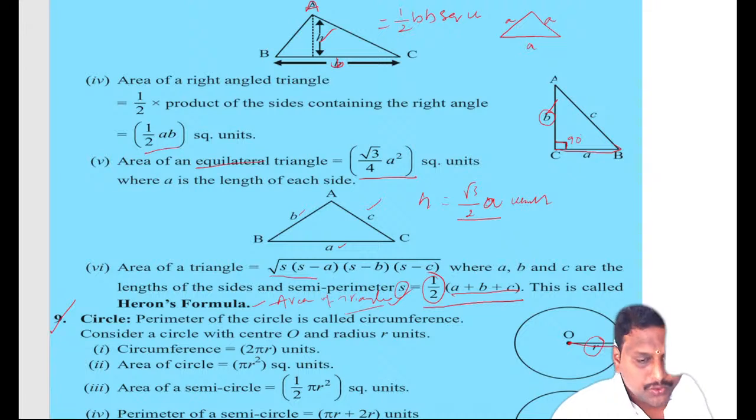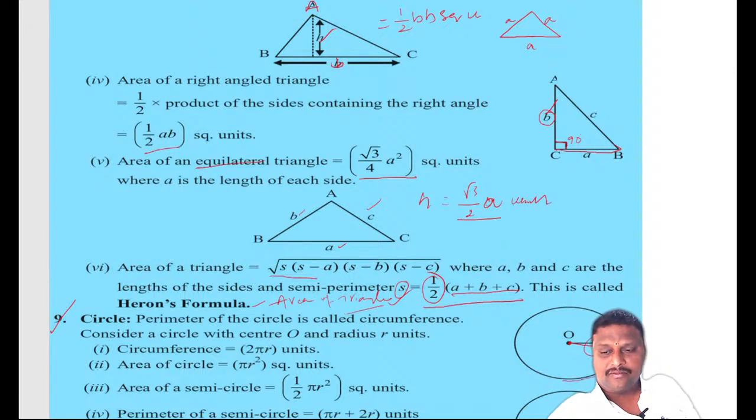When it comes to circle, we say not perimeter, it is circumference. The perimeter of a circle is called circumference of a circle. The circumference of a circle is 2 pi r units. The area of a circle is pi r square. Very important.